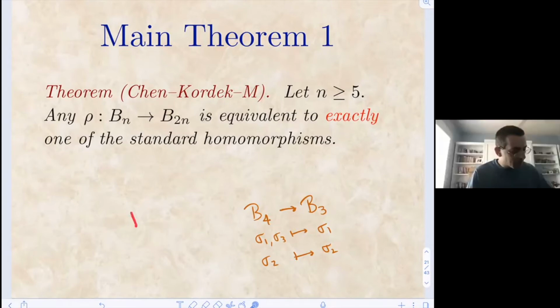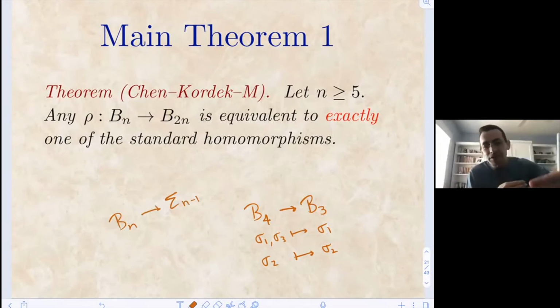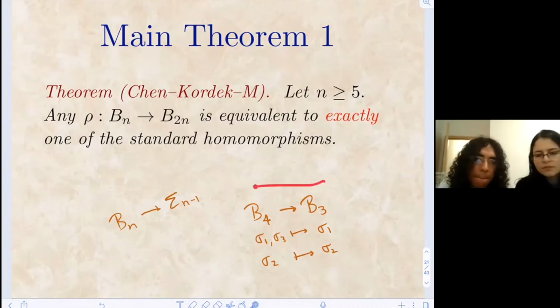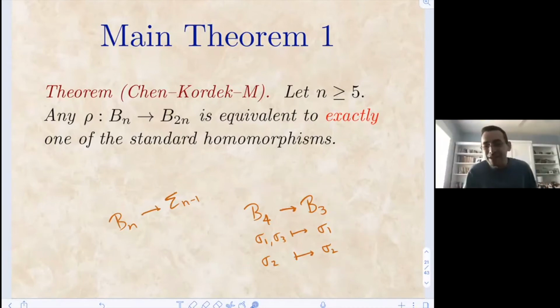He said if you had a homomorphism from Bn to the symmetric group on n-1 or any smaller n, there are none, except cyclic image, because the braid group maps to the integers. That's the abelianization. So you can have cyclic image, but that's it. I'm not giving you the proof because it's hard, but I'll give you a little bit of an idea of our proof.